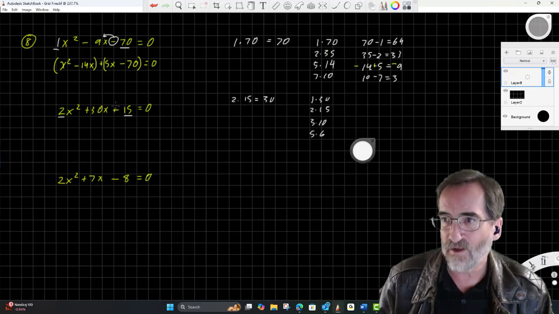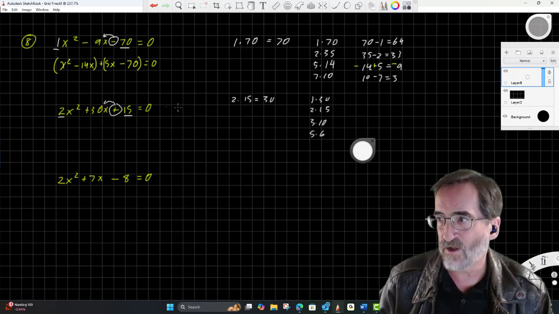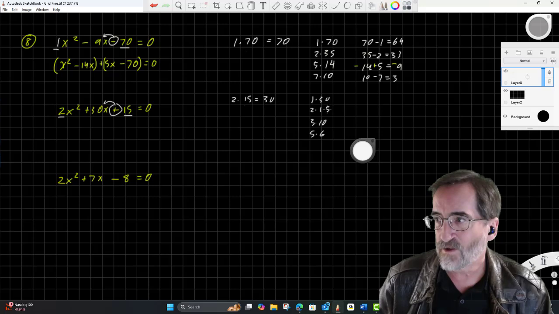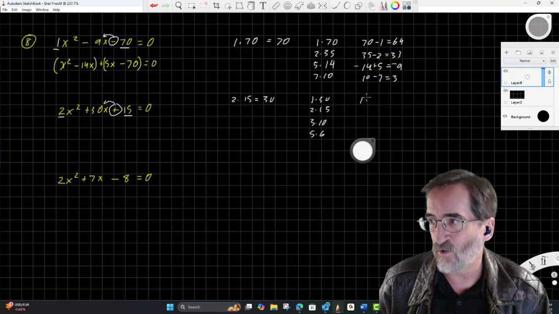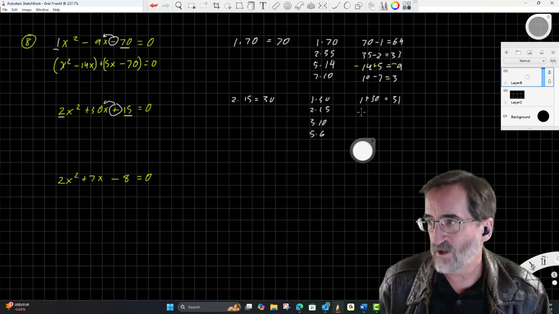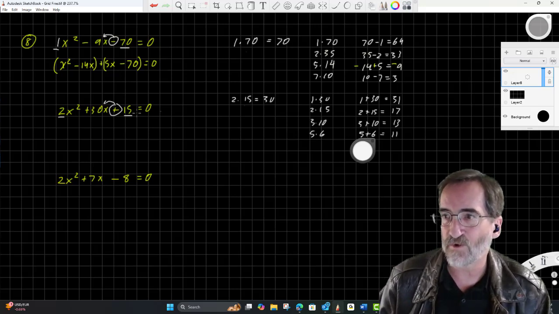Do any of those add up to the middle coefficient? 1 plus 30 equals 31. 2 plus 15 equals 17. 3 plus 10 equals 13. And 5 plus 6 equals 11. So none of them work. So this one is not possible.